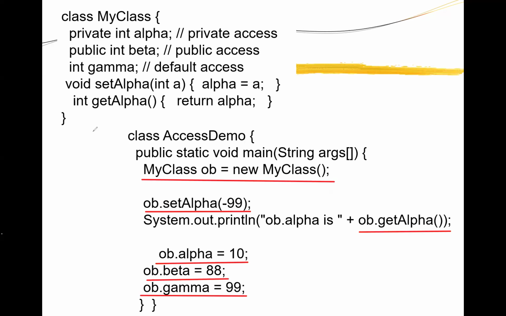This is 1, this is 2, this is 3, this is 4, this is 5, this is 6. Send me a message via chat, 1 to 6, whether it will work out or not. If it does not, what changes could we make in order to make this code work? I'll give you 2 minutes to quickly try this out and send me the answers. Quickly send me.